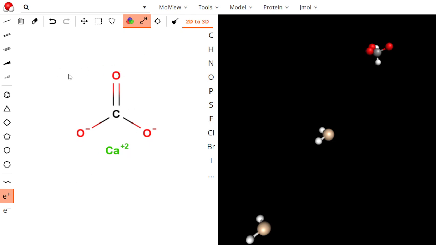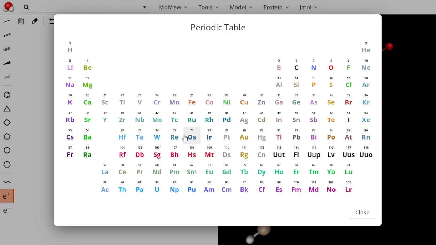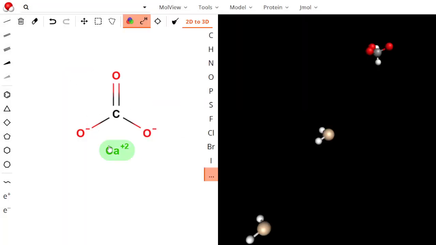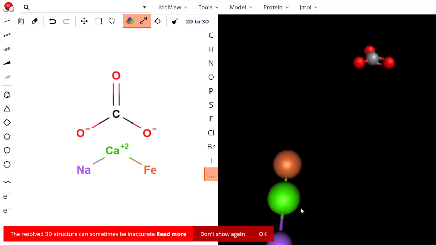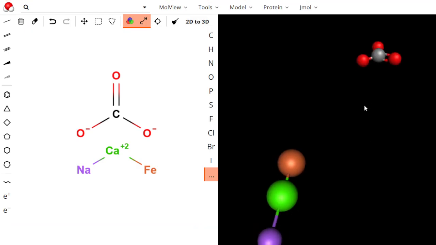But we need sodioironic calcite. So we're going to take the sodium, put it on this. No. And then we're also going to have the iron molecule, which makes it sodioironic calcite. See, I'm stupid. But I'm not that stupid.